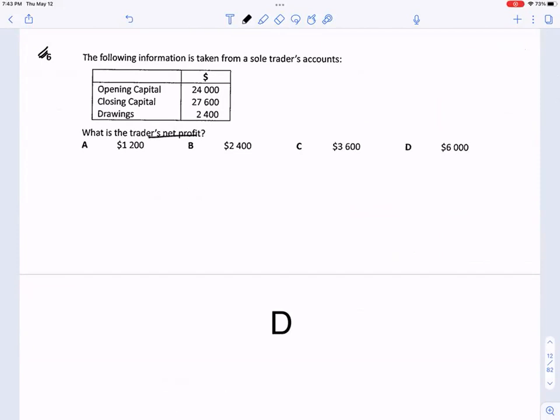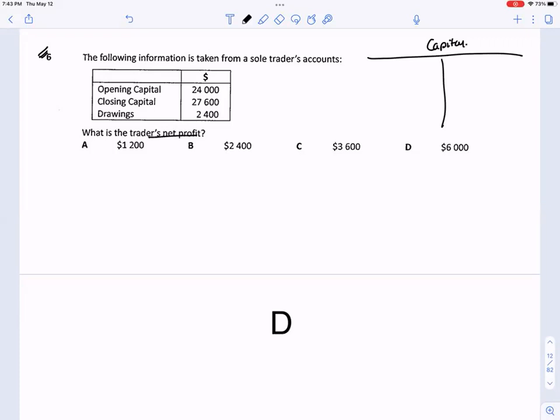What do they want you to find? Net profit. What is the information that is given? Opening capital, closing capital, and drawings. Which account will you make? Capital account. Yes. Make the capital account, do the working. Send me the answer.